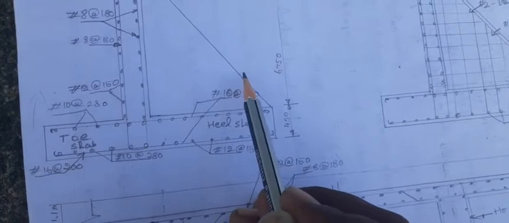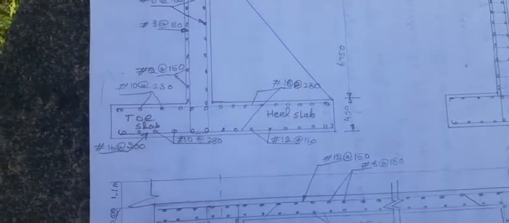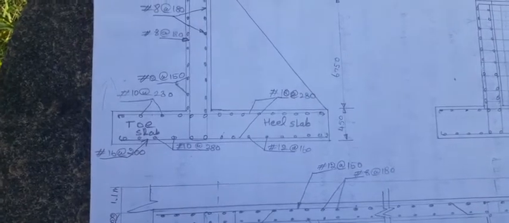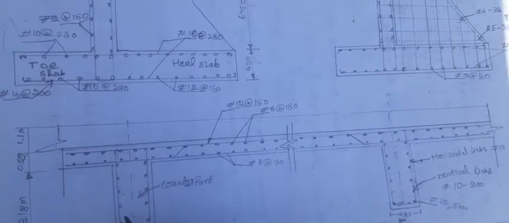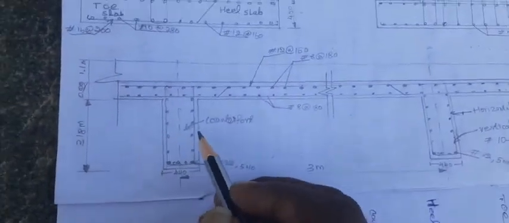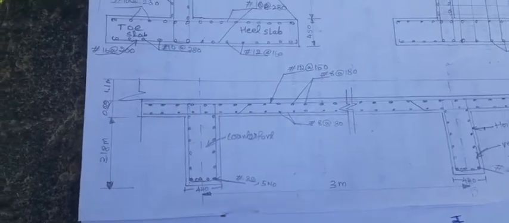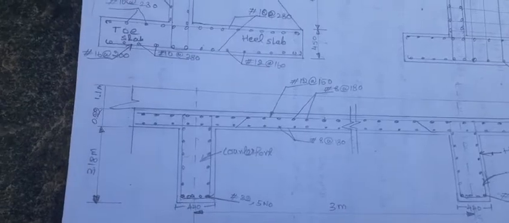At these sections we have to provide a minimum number of bars, like 4 bars, 3 bars, 2 bars, as the depth changes at every point. So it will be provided as 4, 3, 2 like this. So we can minimize the bars.